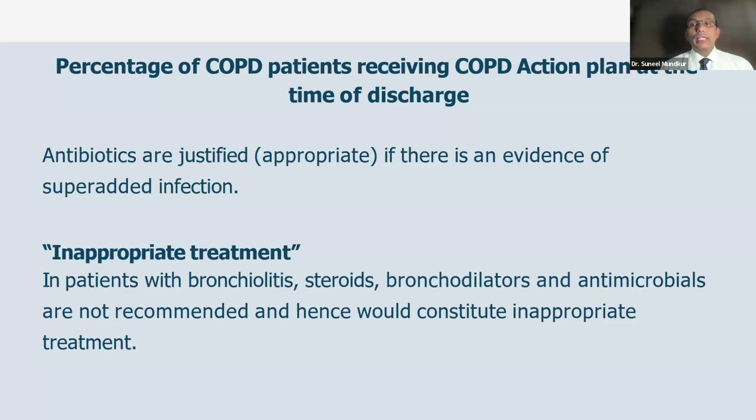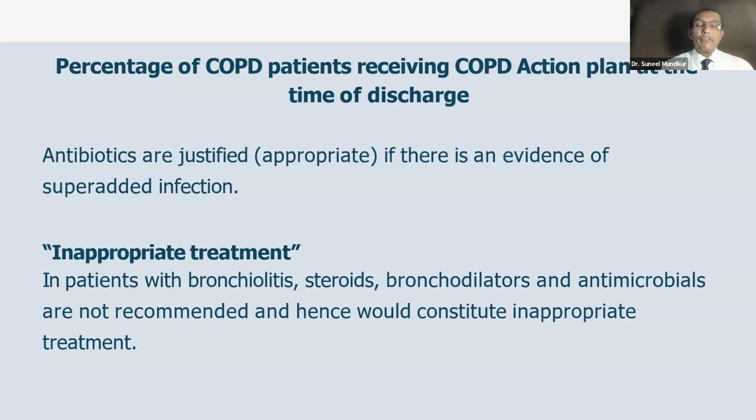So you need to know that if you are using antimicrobials, what is your evidence to say that antibiotics are required? Of course, most of the bronchiolitis patients get admitted in the ward, and they will have some leukocytosis, elevated CRP, or procalcitonin, or ESR, which may occur in bronchiolitis.